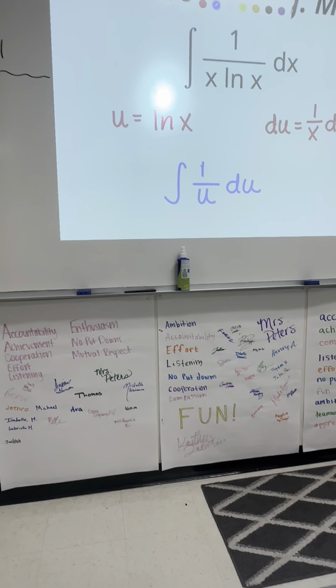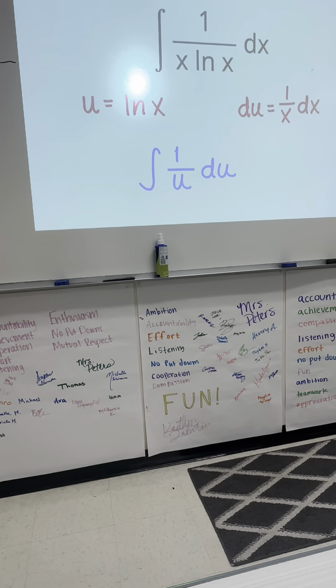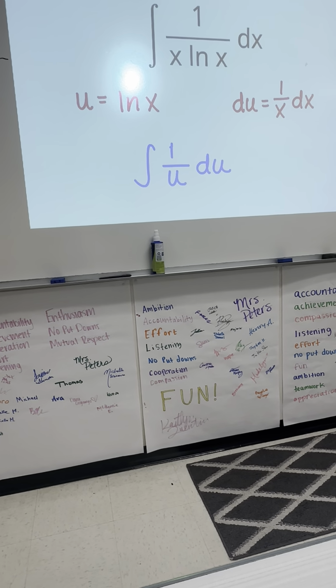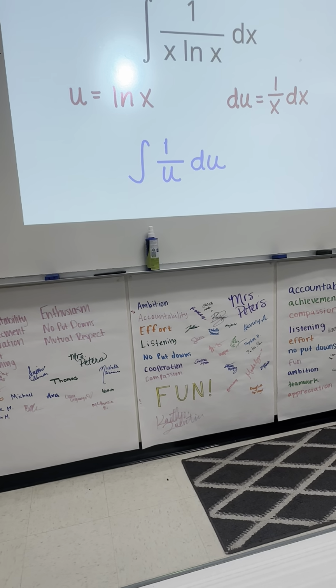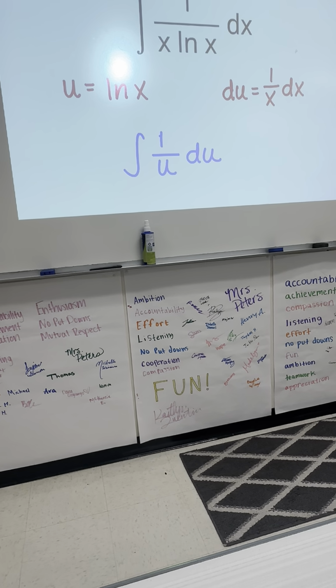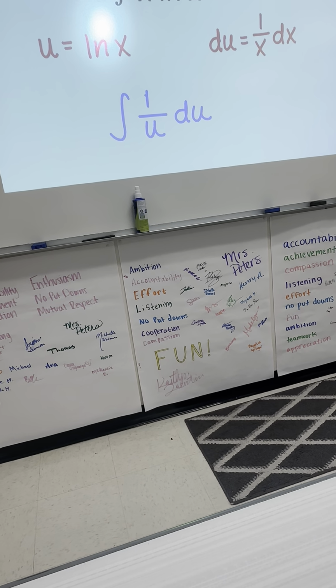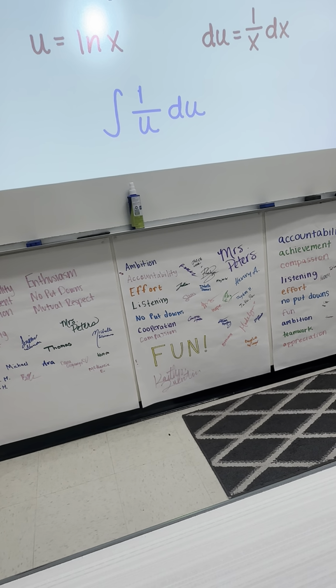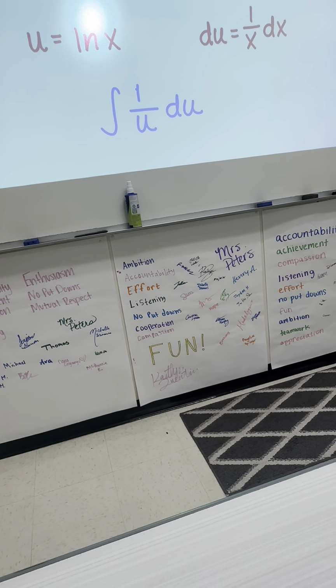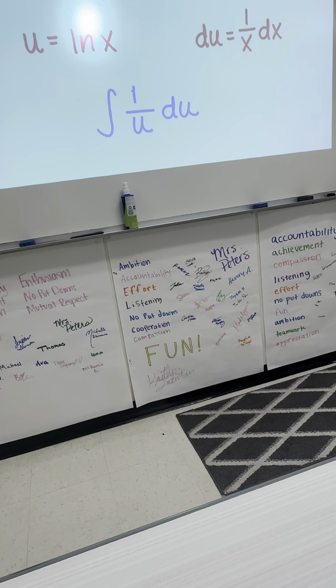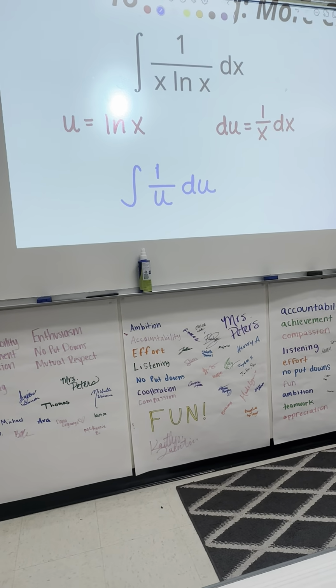So U to the -1, so 1 over U, has a special antiderivative, because if you added 1 to the exponent, it would be 0 in the denominator, right? So ln of U is part of it.